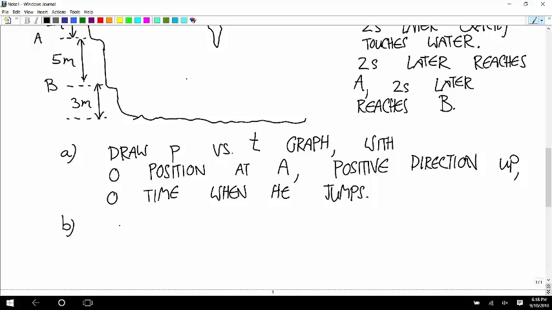And then the second one is we want to calculate the displacement from, let's say, time equals 2 seconds to time equals 4 seconds.